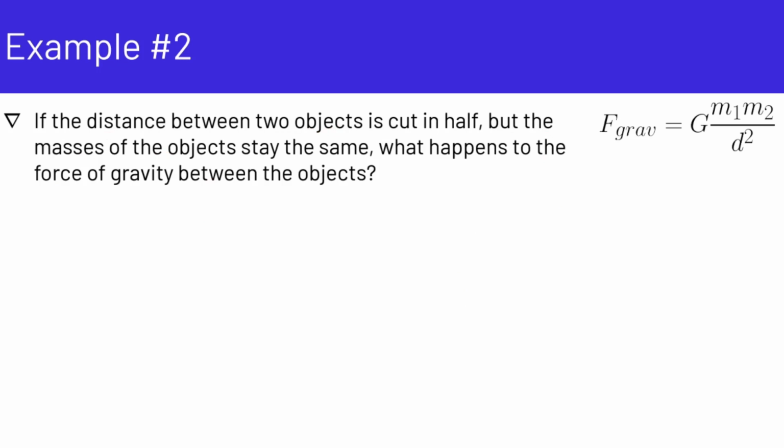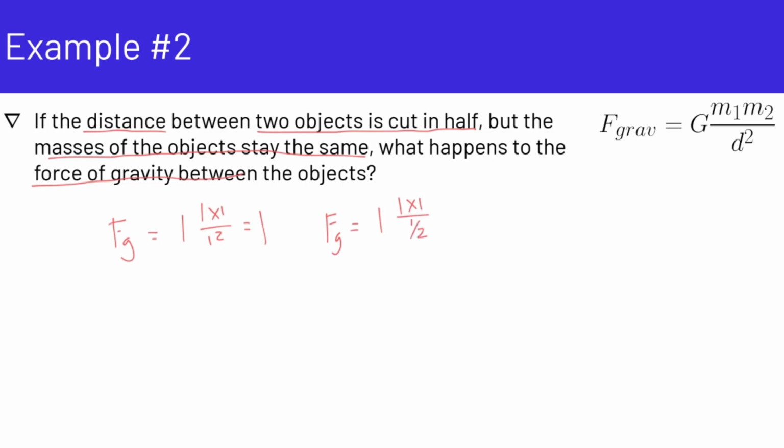Okay, example 2. If the distance between two objects is cut in half, but the masses of the objects stay the same, what happens to the force of gravity between the objects? Okay, so we have force of gravity is equal to 1, and then that's 1 times 1 over 1 squared, so that's equal to 1. All right, so now we have the distance between the two objects is cut in half. So now we have FG is equal to 1 times 1 times 1, and then that is cut in half.